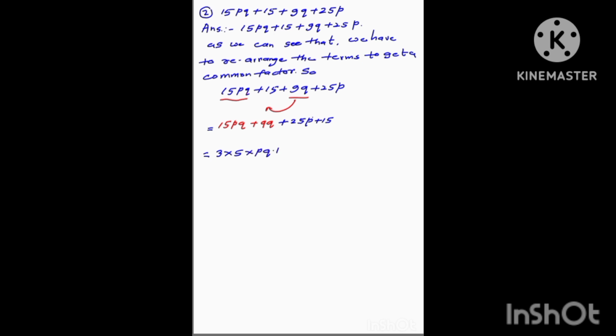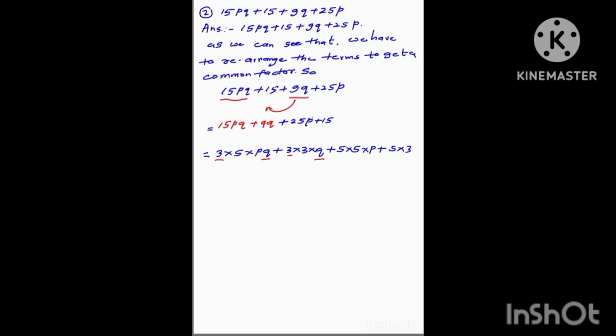Okay, now factorize each term. 15 will be written as 3 into 5 into pq plus 3 into 3q plus 5 into 5p plus 15, so 5 into 3. Now check the common factors. These 3 and these 3, and this q and that q.